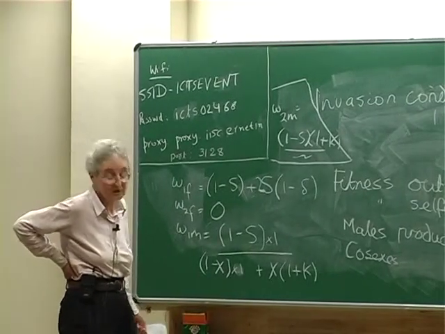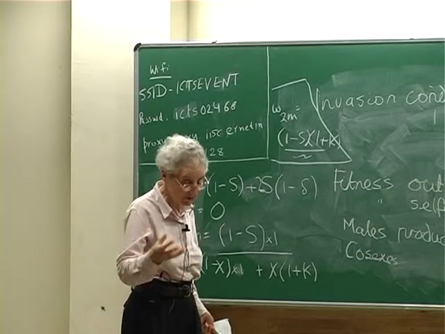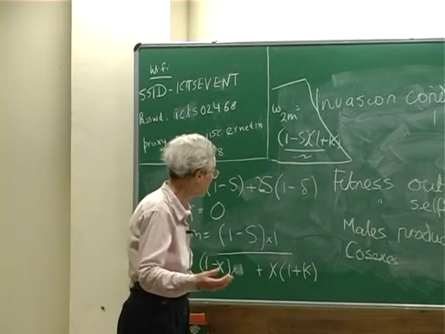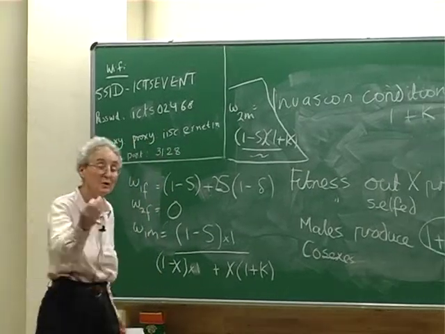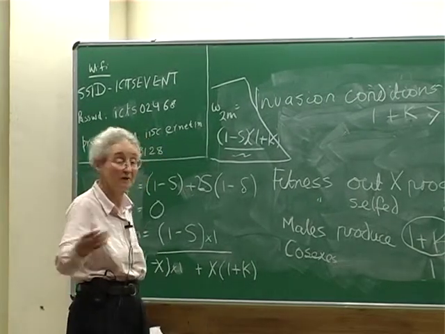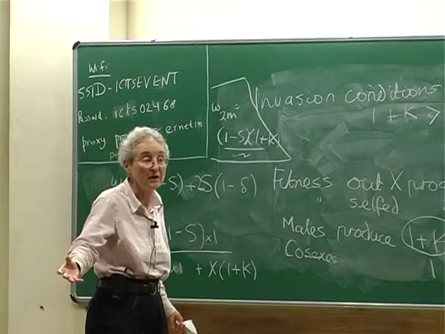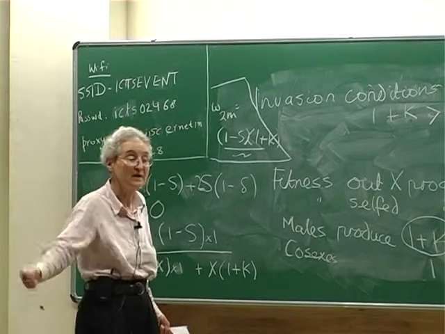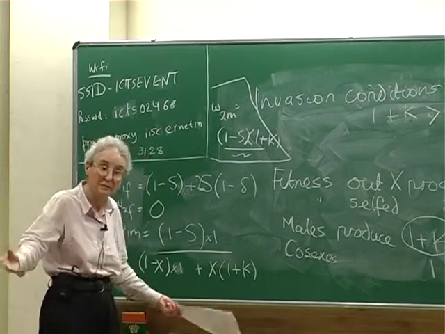We have to take into account the frequencies of co-sexuals and females, because males can get contributions to the next generation by fertilizing the female gametes of co-sexuals, whatever frequency they are, and fertilizing the female gametes of females at whatever frequency they are.